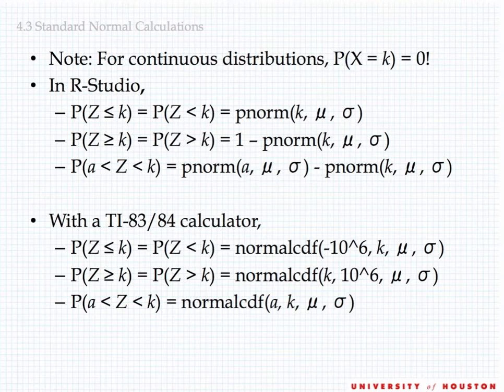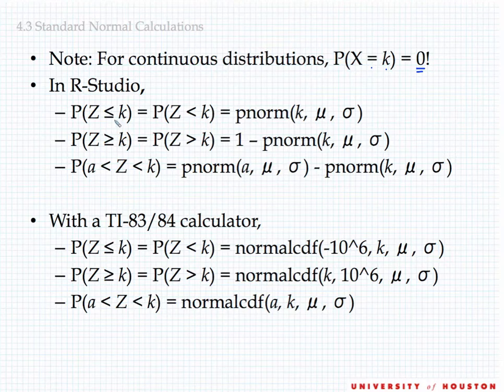For continuous distributions, remember the probability that x is equal to any value is 0. So saying less than or equal to is the same as strictly less than, and greater than or equal to is the same as strictly greater than. These are the commands for RStudio and the TI-83 and 84 calculator.